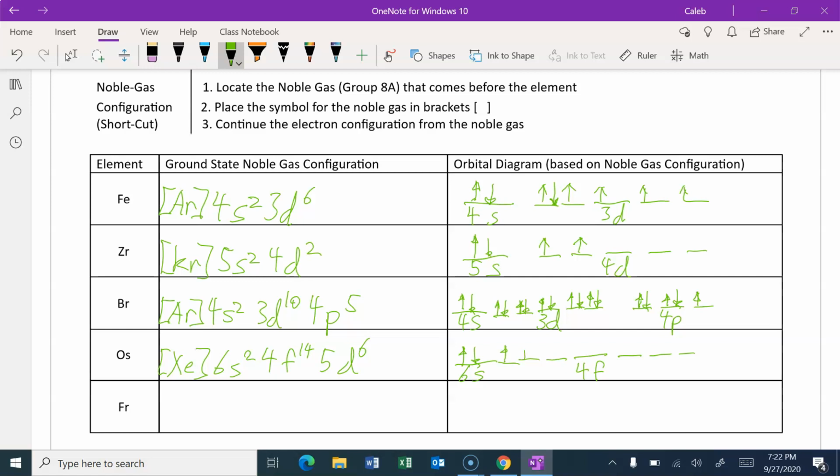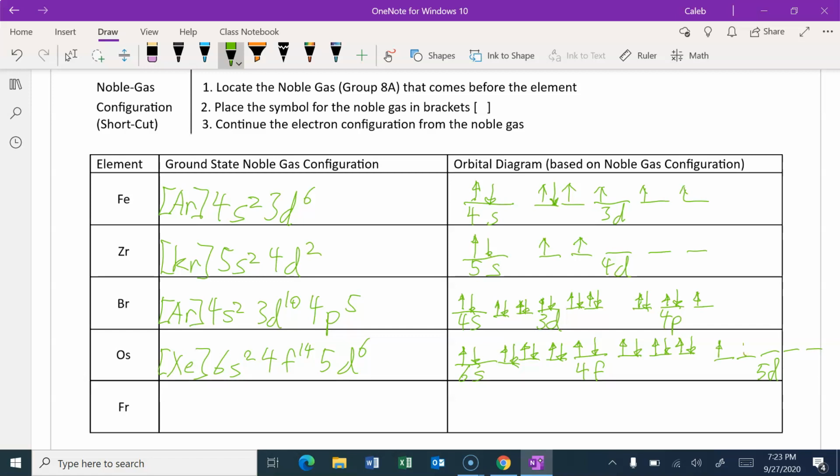So that's 1 through 7, and then 8, 9, 10, 11, 12, 13, 14, and then 5d6. 5d, I'm going to have 5 orbitals, 6 electrons.